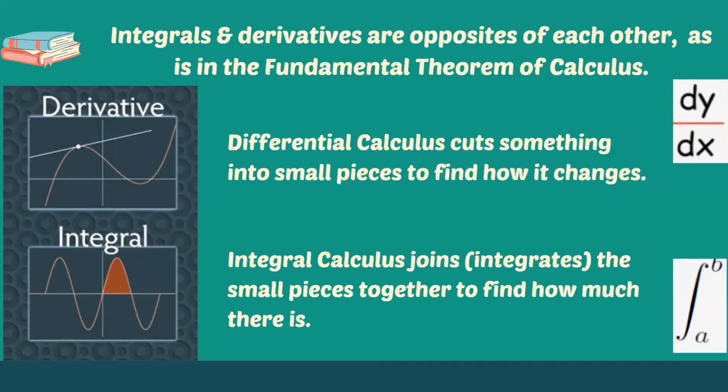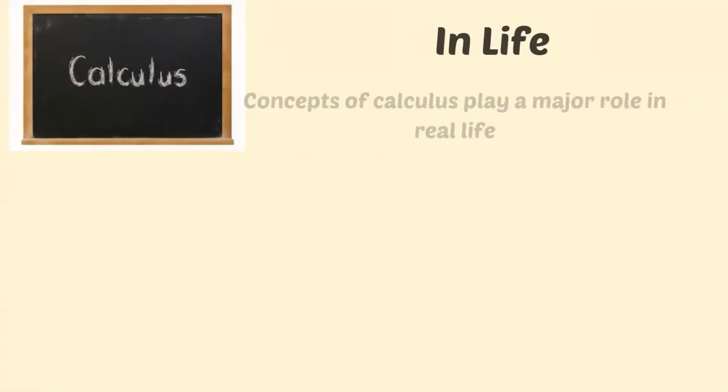This is the concept of derivative and integral. Actually, we can call them the opposite of each other, integral and derivative. This is the basic concept of integrals and derivatives, and they are part of calculus. So I think everyone is clear with the base.